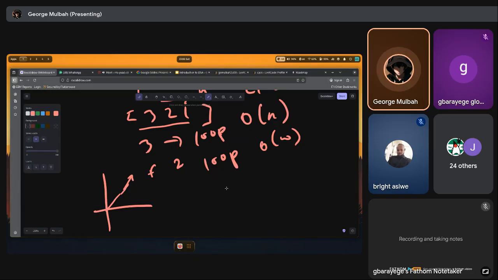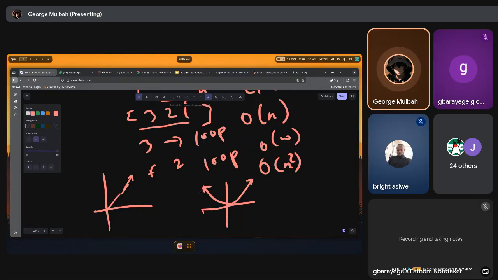We'll talk about them as we go further, but I don't want to bore you with these time complexity things. When you hear of O of n squared, what we are trying to tell you is that your code is running in quadratic time. This is a graph of a quadratic function.